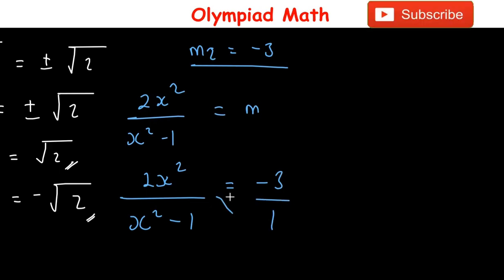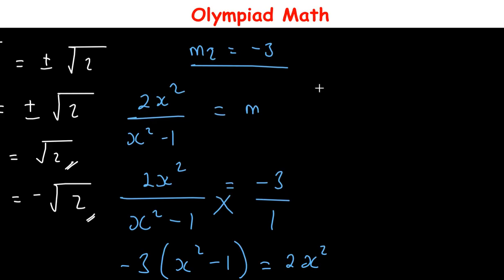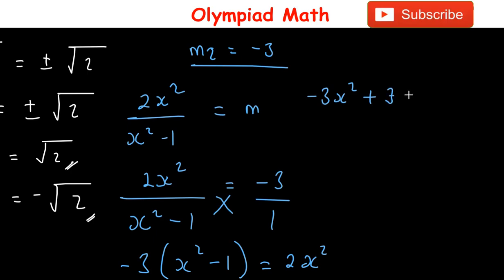We can then simply cross multiply: 1 multiply 2x squared, minus 3 multiply x squared minus 1. This becomes minus 3 into bracket x squared minus 1 equals 2x squared. Minus 3 times x squared, minus 3x squared, minus 3 times minus 1, plus 3, and this equals 2x squared.